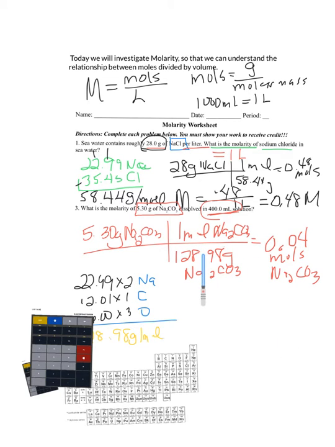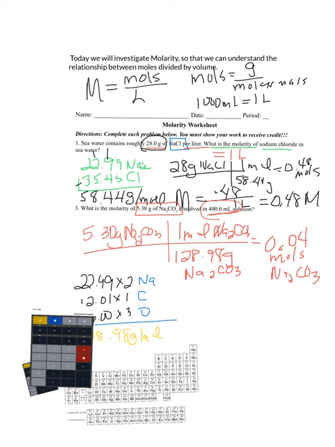All right, now we have our number of moles, and we also have our liters, because our problem is moles divided by liters. Our problem said, oh wait, no, we don't have our liters. We have 400 milliliters. We can't use this. It's milliliters. We need liters.